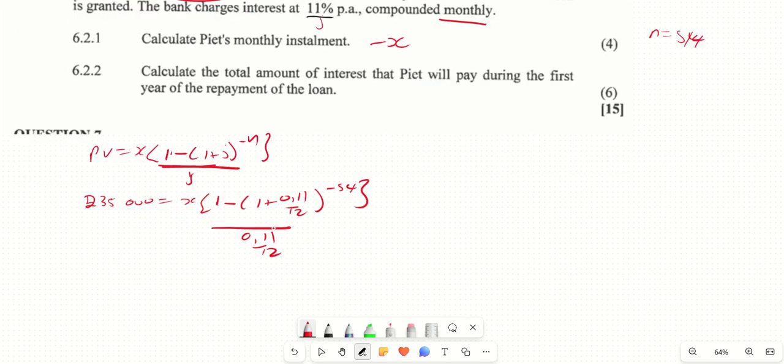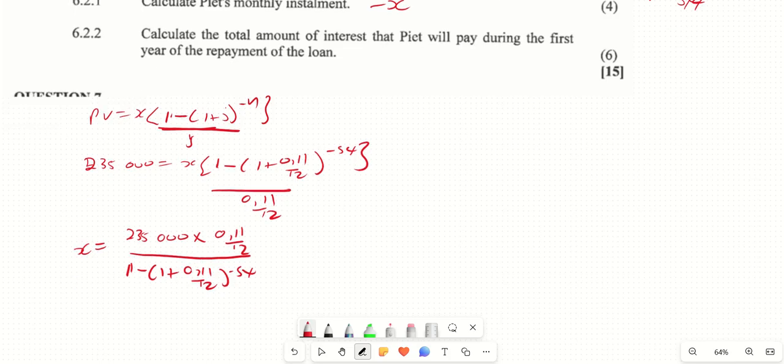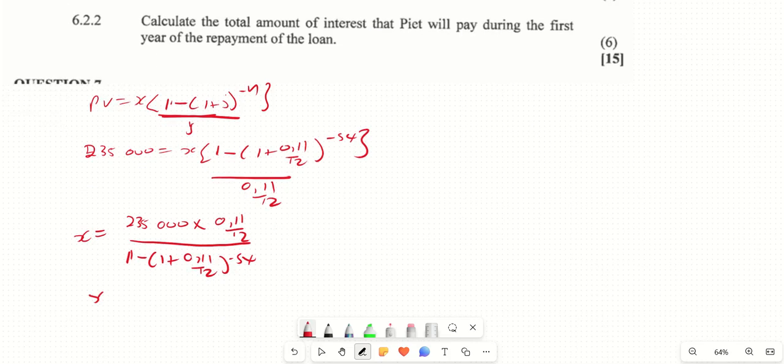So now we want to get the installment. In this case, x equals 235,000 multiplied by 0.11 over 12, divided by 1 minus (1 plus 0.11 over 12) to the negative 54. So what is the installment that is going to be paid in this case?